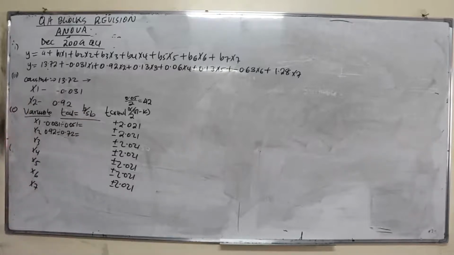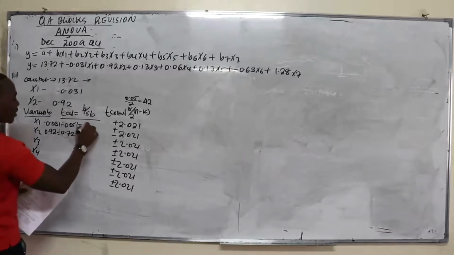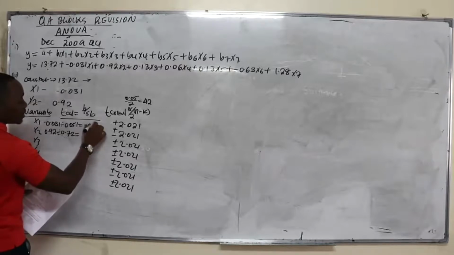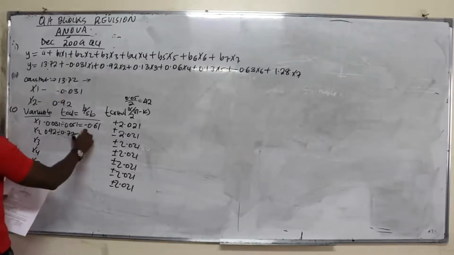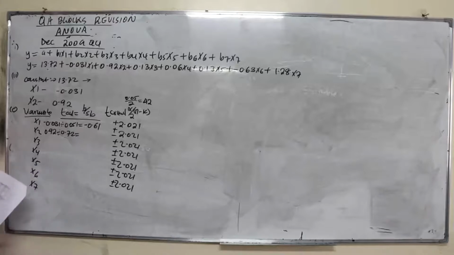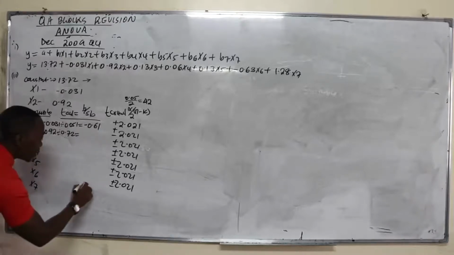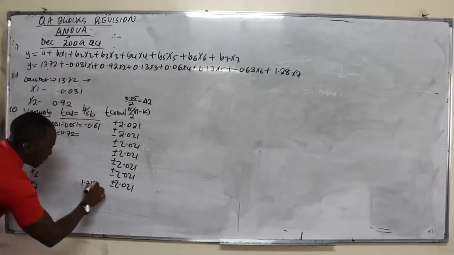Others do X1, X2, X3, X4. Just give me the answers. The first one is negative 0.61. The last one is 1.7.